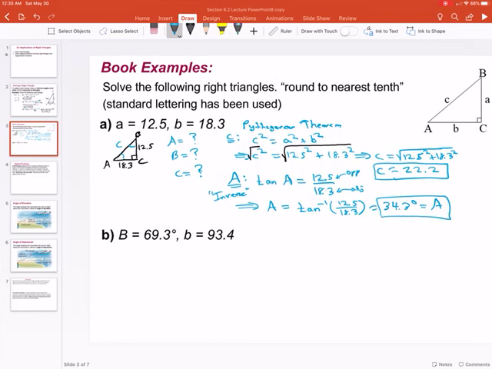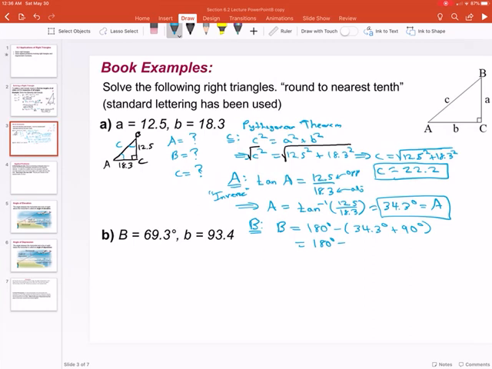Now, we can stop there with our trig once we have two of three angles, which we do. We got angle C, which is 90 degrees. That was given, right triangle. We got angle A. We need angle B. All three angles must sum to 180. So 180 degrees minus the sum of the two that we have, which is angle A that we just found, 34.3 degrees, plus angle C, which is 90 degrees. Let's simplify that down.